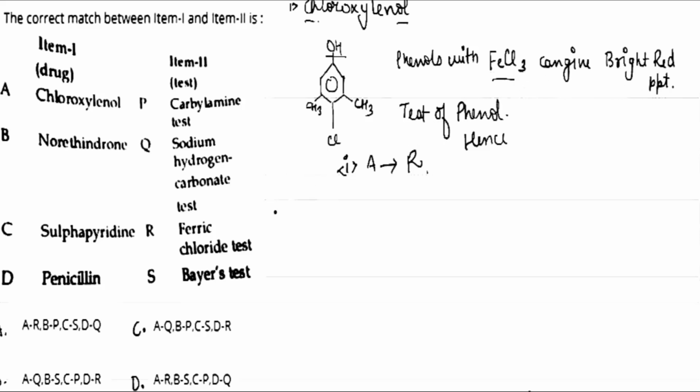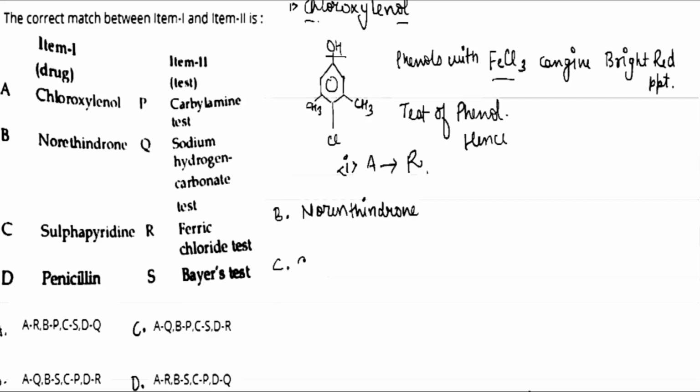The second one is norethindrone. This has a complex structure, and before going to it we can see the other options, as if we can match more than two options we can get to the answer.